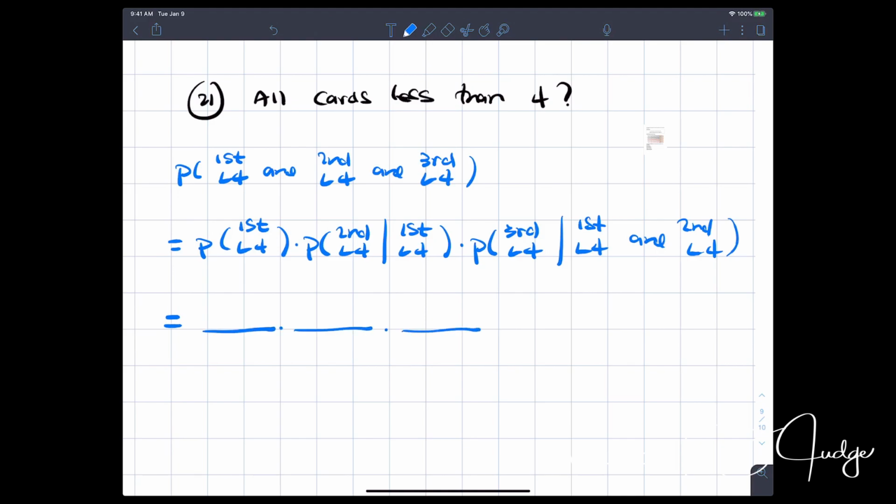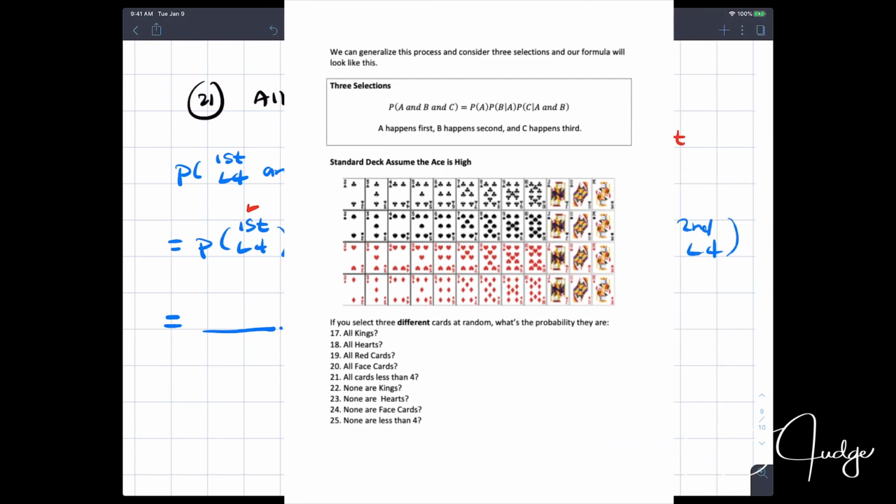All right, let's get this out of the way. So by now, you guys can have some good intuition about how this works, right? So the first probability, the chance you select a card that is smaller than 4. And again, they're different, so this is without replacement. Go back to the deck. Not only go back to the deck, recall that the ace is high.